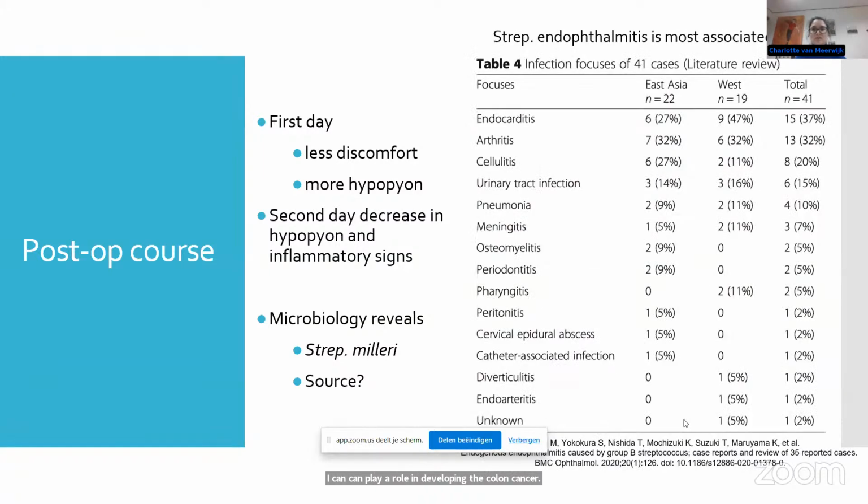Next to that, the Streptococcus endophthalmitis can also be associated with endocarditis. That is the most common reason for endogenous endophthalmitis due to Streptococcus. Also, arthritis is seen, and the other causes are less common.